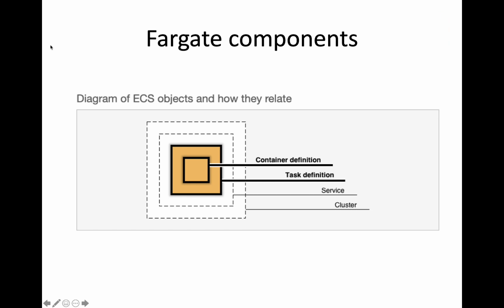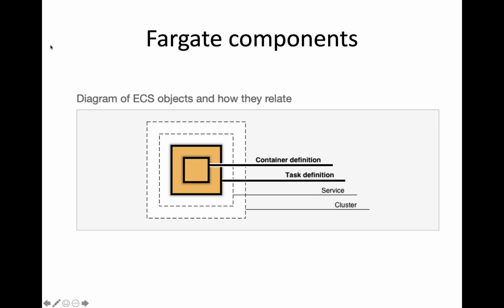Fargate consists of a number of components, and it can be a little bit challenging to understand at first because there are multiple layers of abstraction which are used to manage containers running inside of Fargate.